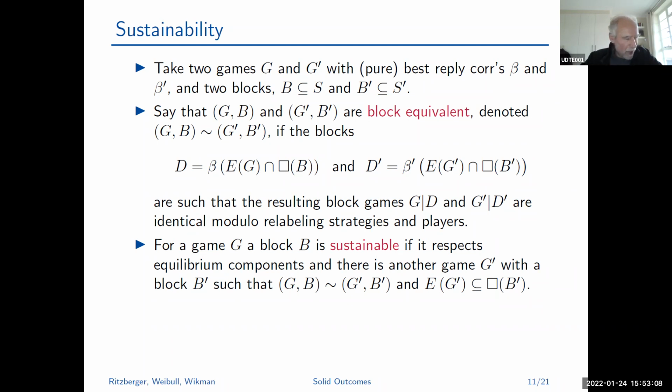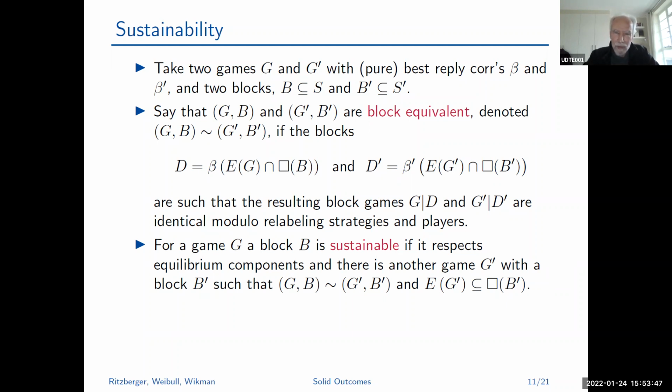Now, Govindan, Laraki, and Pahl have a very nice paper where they do this for points, for equilibrium points, and characterize sustainability there. We do that here for blocks. Otherwise, our concept of sustainable blocks is pretty much a copy of what is done in Govindan et al., except that we replace the equilibria. So they look at game equilibrium pairs, and find an equivalence relation for game equilibrium pairs.